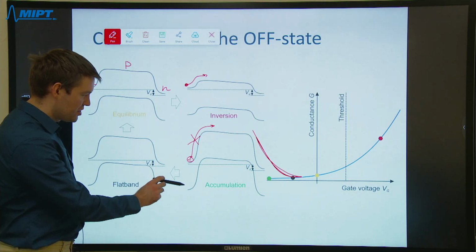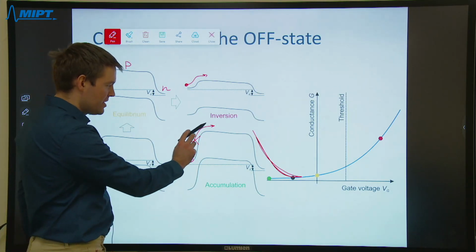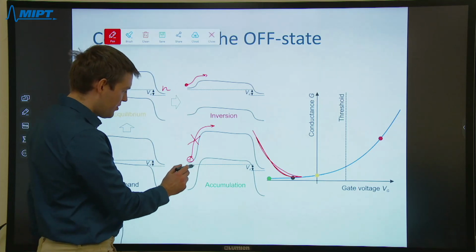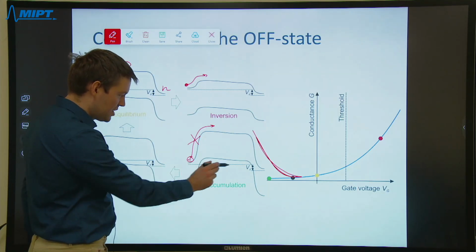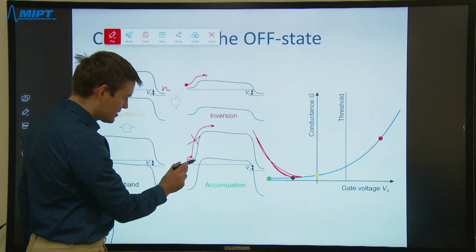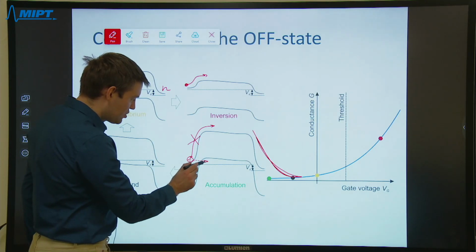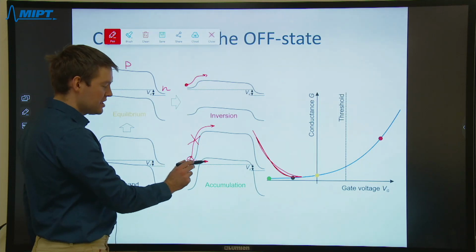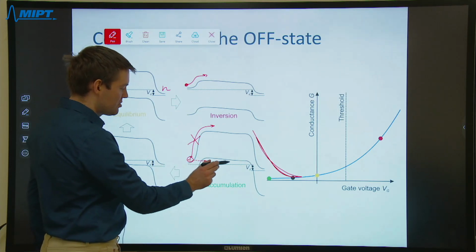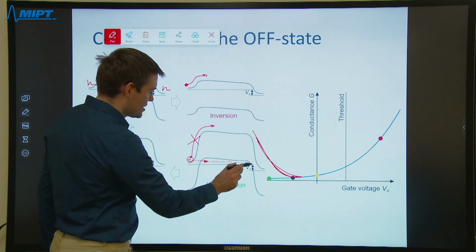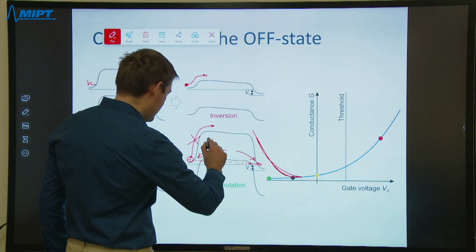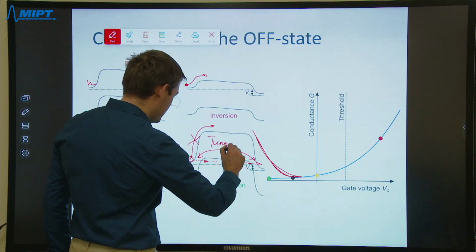at large negative gate voltage that I plot here. The barrier is really high, but there is another opportunity for the charge carrier to run to the drain. It can start from the source, transfer quantum mechanically through the band gap and get into the valence band, and then travel here and tunnel again. So there are two steps corresponding to tunneling.